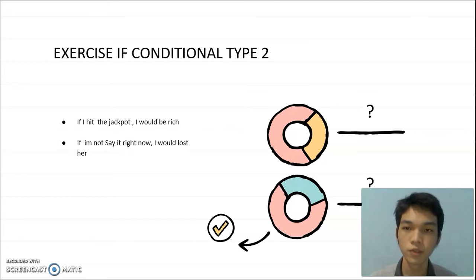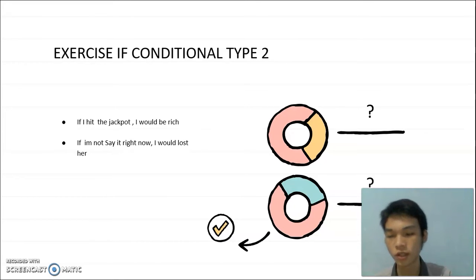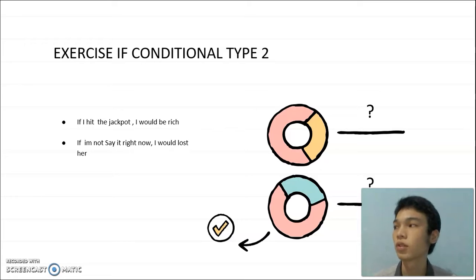So here's the difference between the if conditional type 1 and type 2. As you can see, type 1 is exact, like 1 plus 1 is 2, 2 times 2 is 4: if you do this, then this will happen. That is exact. But for if conditional type 2, it says that if some condition, then something will happen, not really going to happen, but it can happen, something like 50% maybe.